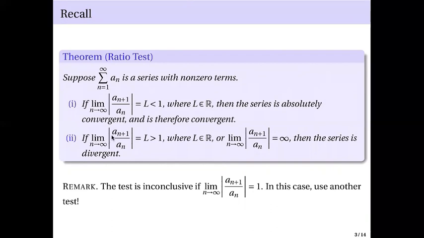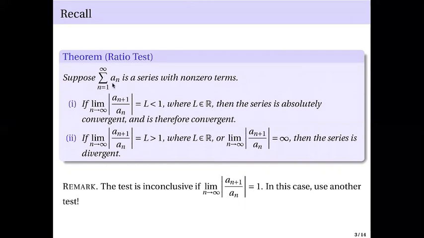However, if the limit of the absolute value of the ratio a_(n+1) over a_n is a real number greater than 1 or is plus infinity, then this series is divergent.